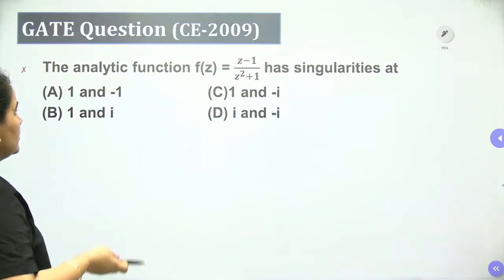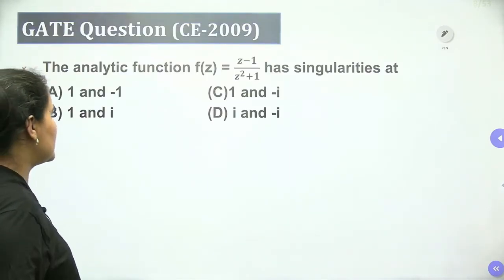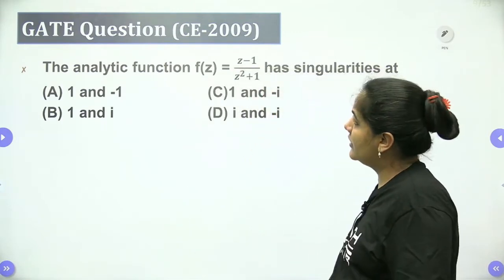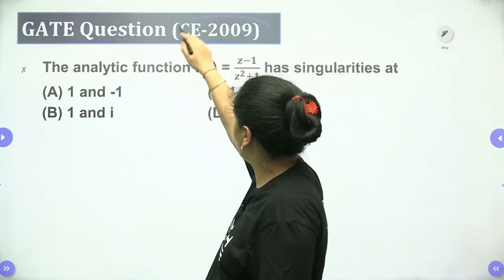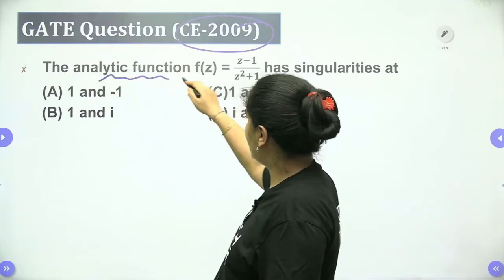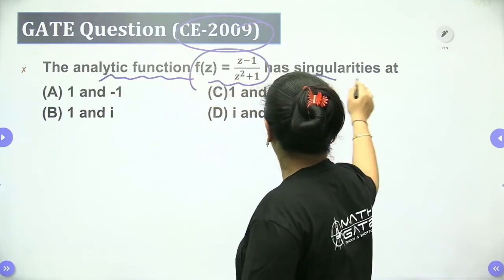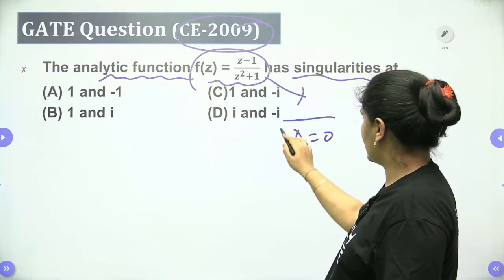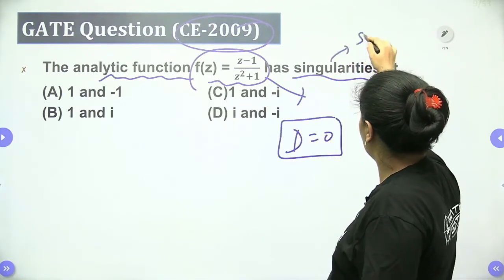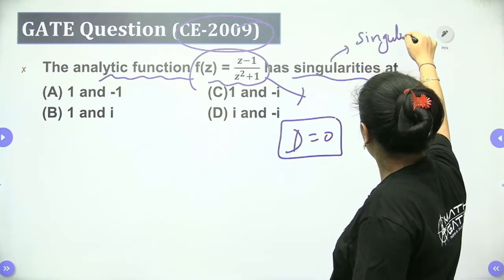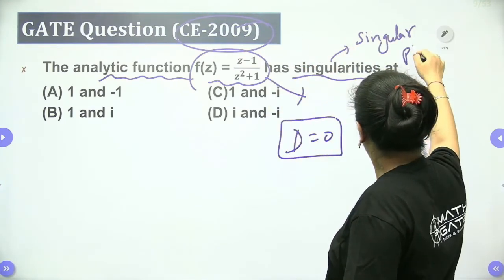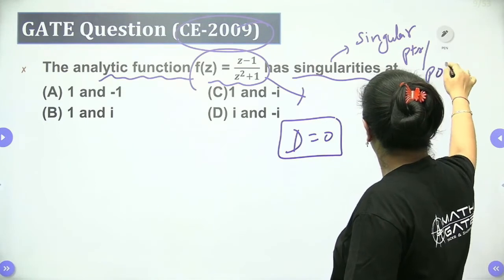Okay, just have a discussion on the first example. The question is talking about the singularities, meaning the singular points. The analytic function f(z) has singularities at what? We know very well that whenever a question talks about singularities, singular points or poles, the things are the same.